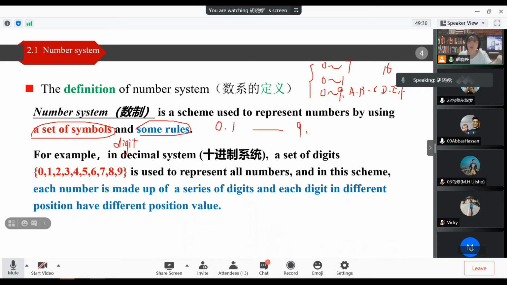But if you want to represent 10, you need to use two digits, 1 and 0. So in the decimal system, we carry 1 to the high bit when the lower bit is larger than 9.